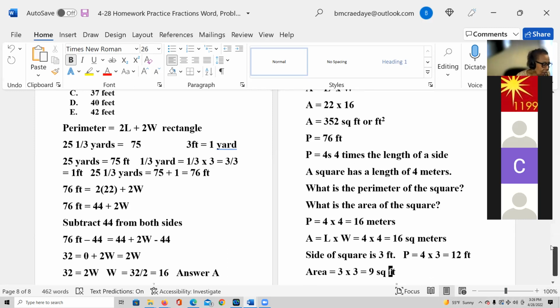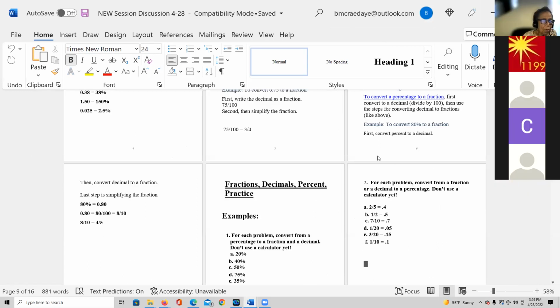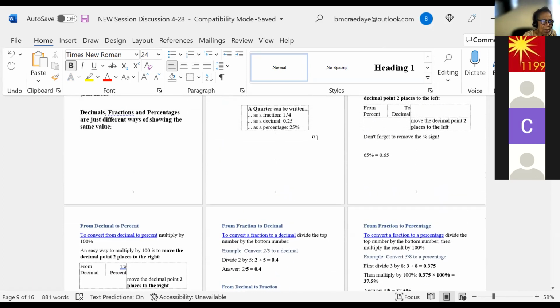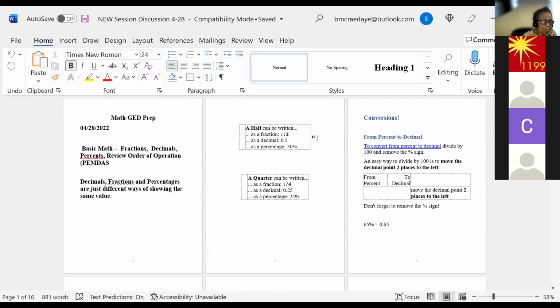Now, let's look at some fractions. Okay, let me go to a new share. So we're looking at fractions and decimals. Now, decimals, fractions, and percentages are just different ways of showing the same value. Let me show you, let's see if I have it here.